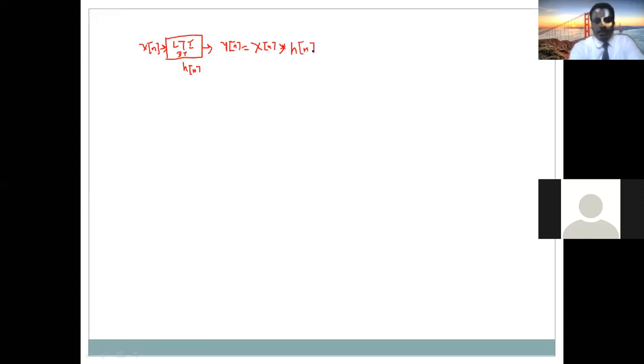What is the formula for convolution sum? Summation k from minus infinity up to infinity, x of k, which is our input, times h of n minus k.